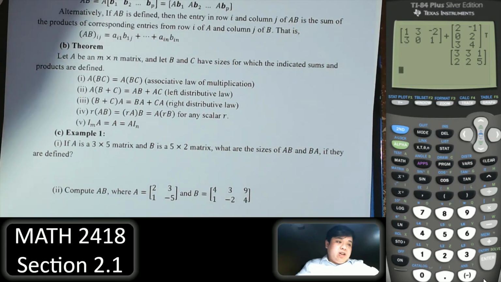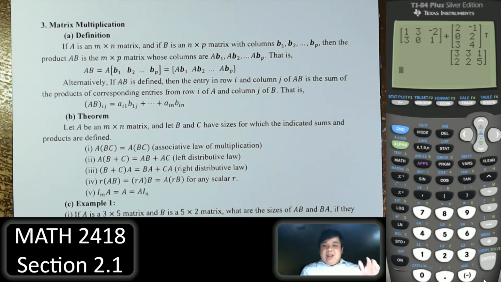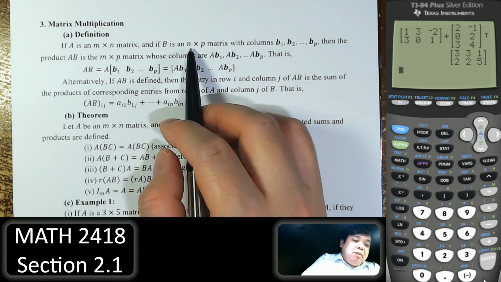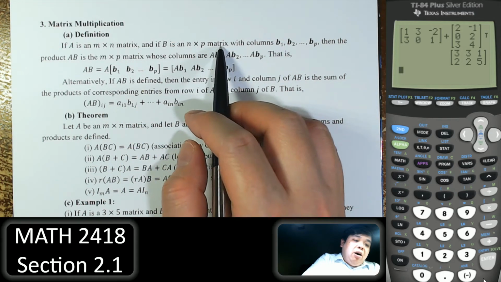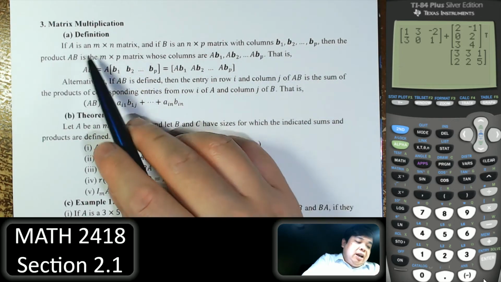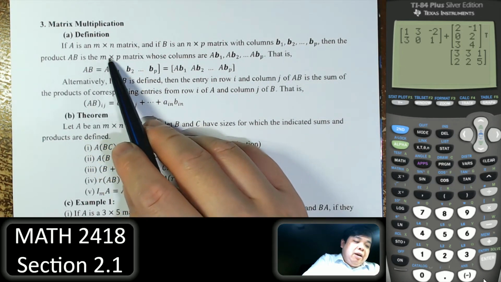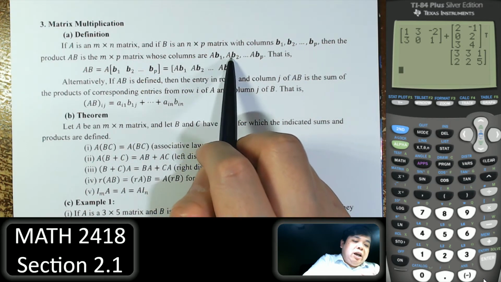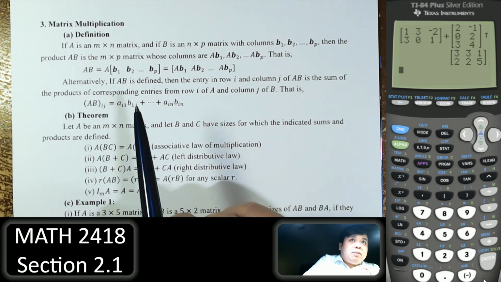Matrix multiplication, we already do this, but this is just a quick review. If A is an m by n matrix and B is an n by p matrix with columns B1 to BP, then the product AB is an m by p matrix whose columns are AB1, AB2, and ABP.